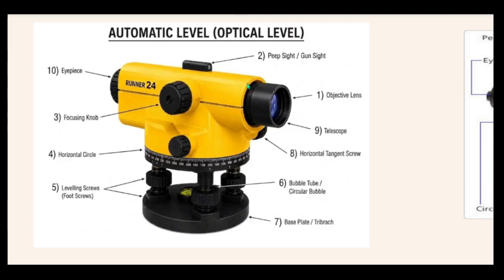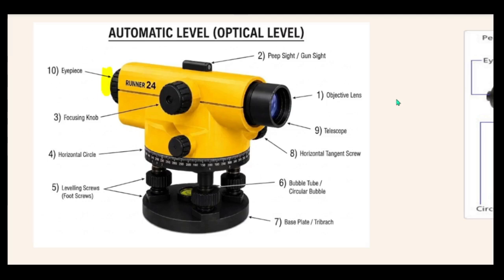So this particular instrument helps to determine the elevation or the reduced level itself by sighting through this part. Your eye needs to be on this particular part, then you sight the objects through the object lens here.